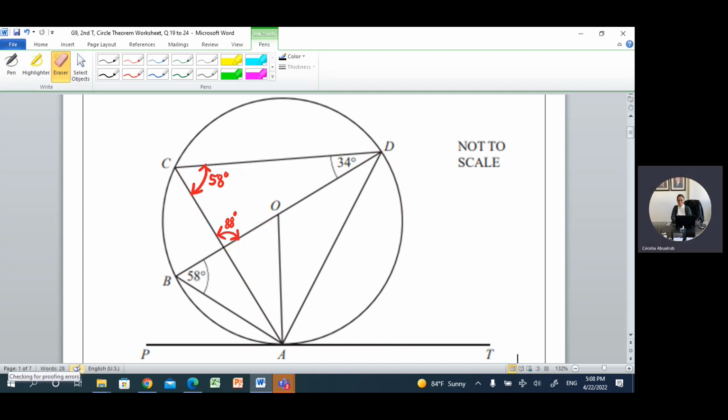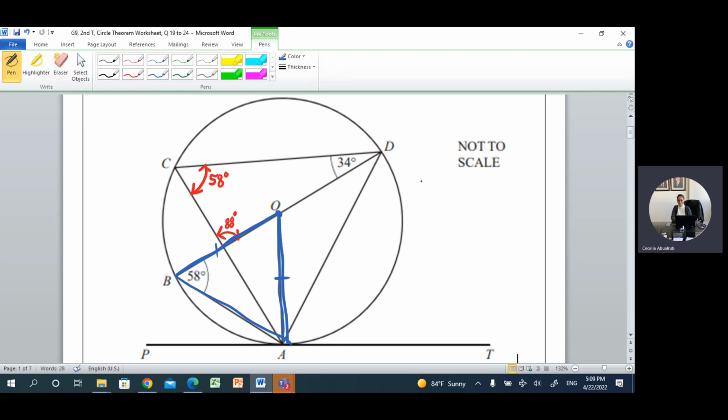Okay, let's have a look at this shape here. O is always the center of the circle. As you can see, from B to O, this is a radius. From O to A, this is a radius.